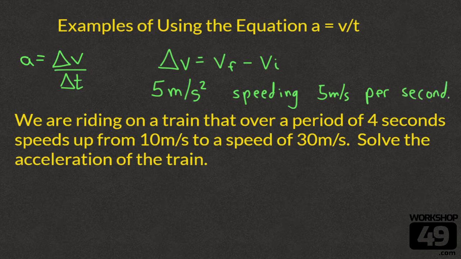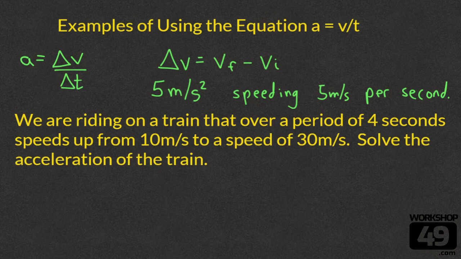So in 1 second, we'll be going 5 meters per second. After the second, we're now going 10 meters per second. After 3 seconds, we're now going 15 meters per second. Acceleration is just a measure of how quickly we are speeding up or slowing down.